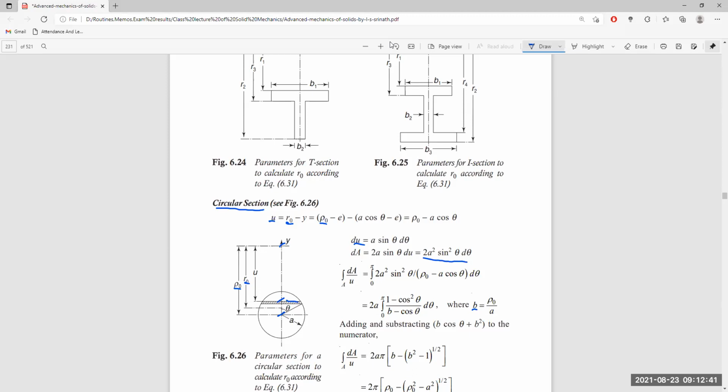So a is common here, and a will cancel one of them itself. So it will come out as 2 into a.